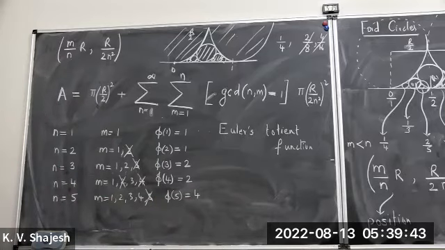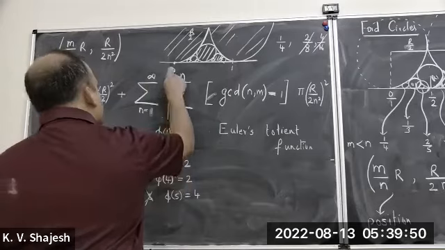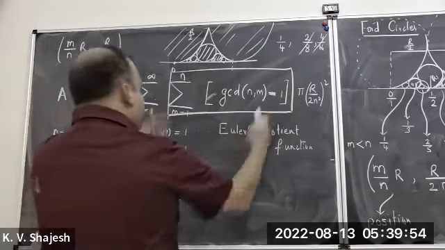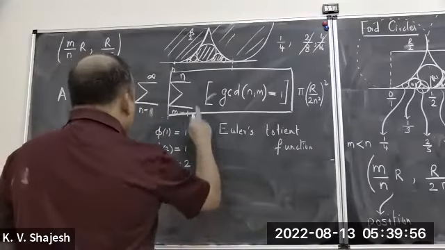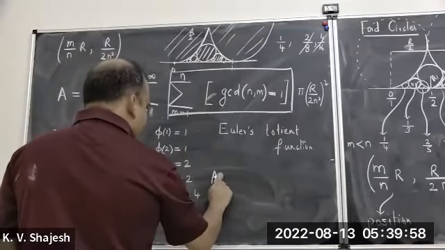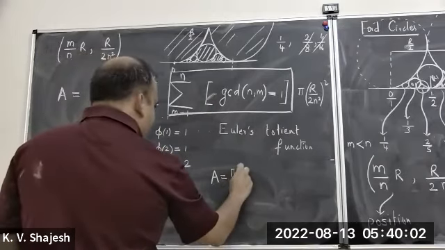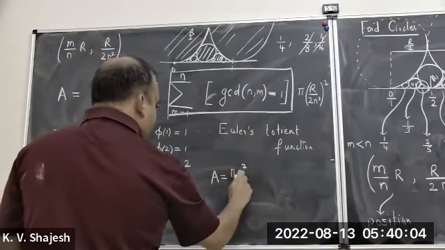So this is called Euler's quotient function that allows you to do the sum. That's what it does. So this whole thing is doable now. And now the area becomes, bring out the pi r squared over 4.